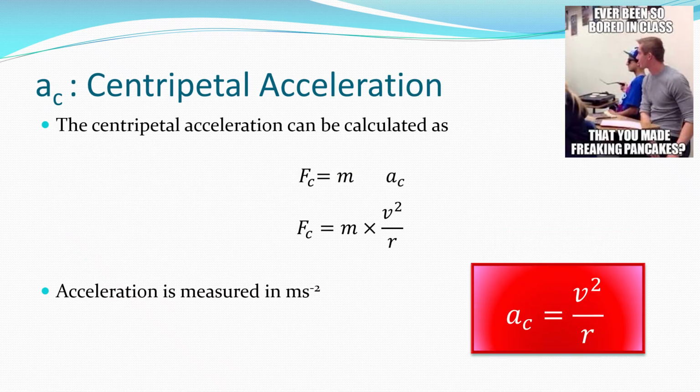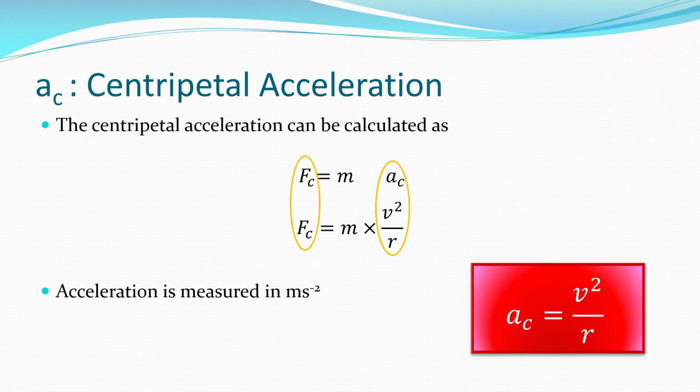Okay, so how do we relate this to acceleration? What I've written here is F equals ma. So the centripetal force equals the mass times the centripetal acceleration. Now, if we look at the formula we had before, we had F equals mv squared over r. What that clearly tells us is we can split the acceleration part out of that, just like that.